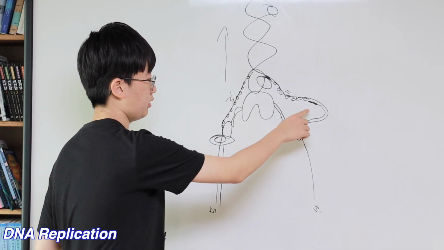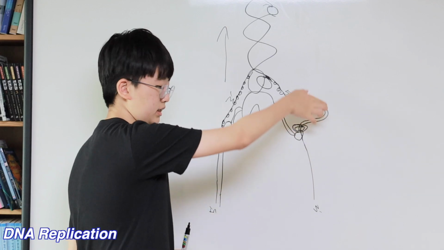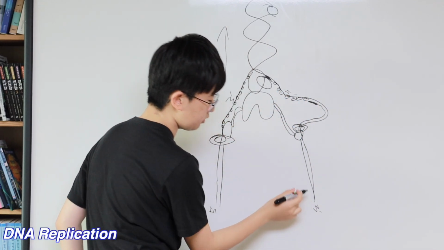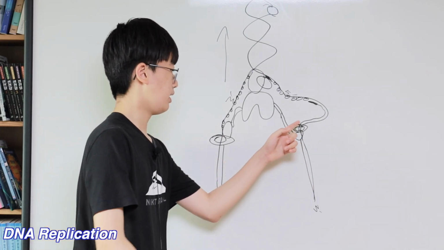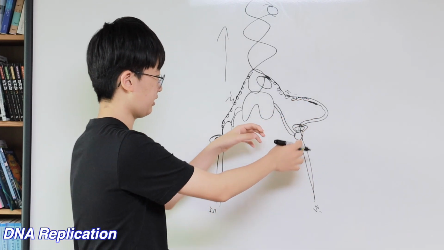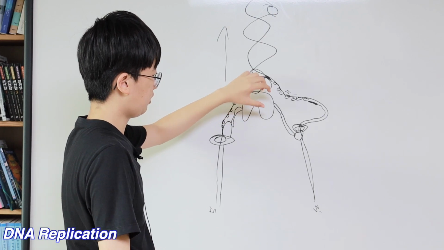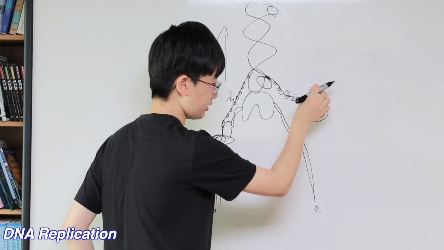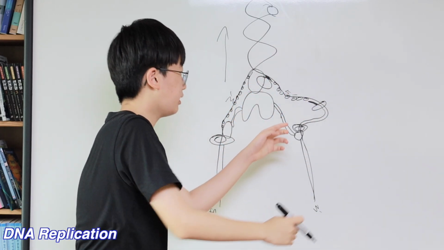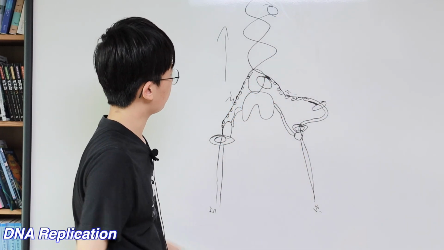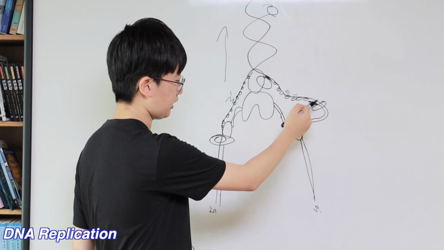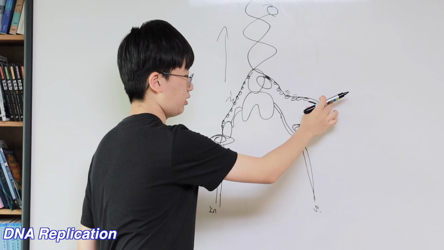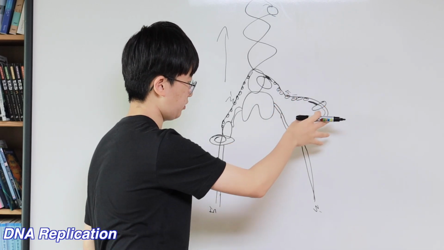So then as the DNA passes by, well, actually this would be double stranded, and the polymerase over here, and the DNA passes by. So the DNA goes up, and so the polymerase can do its job.